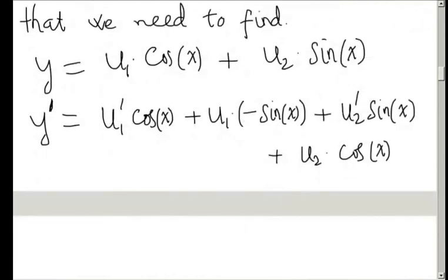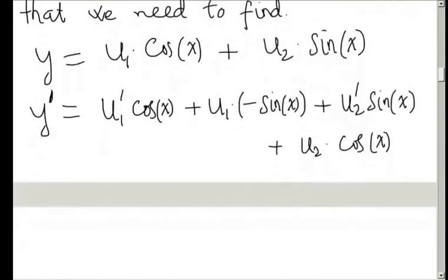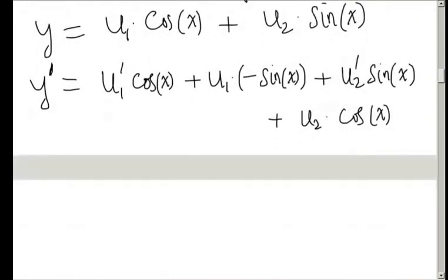Now, because we have two new unknowns, u1 and u2, we need to create two equations for u1 and u2 for us to solve. So it turns out that the first equation we need is as follows. First, we will make y prime into two groups.